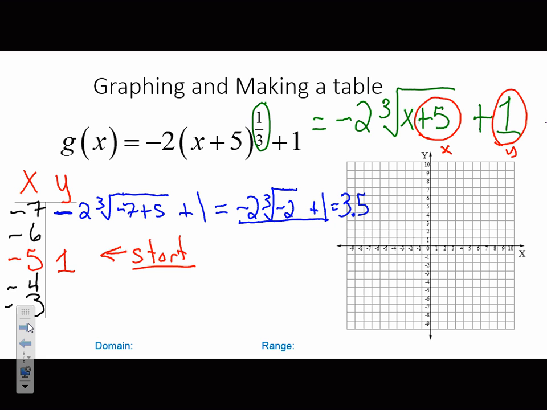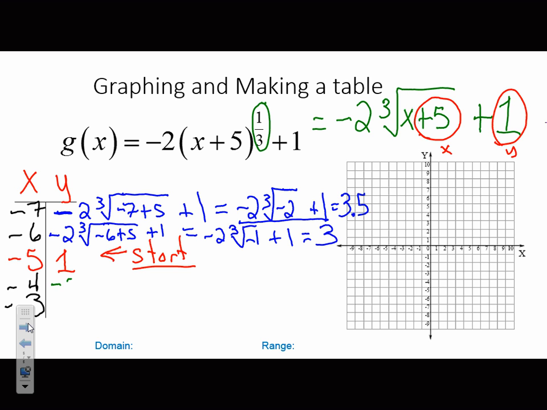Moving on, we have negative 2 times the cube root of negative 6 plus 5 plus 1, which is going to equal negative 2 times the cube root of negative 1 plus 1, which is just going to give us 3. Come down here, we'll do 4.